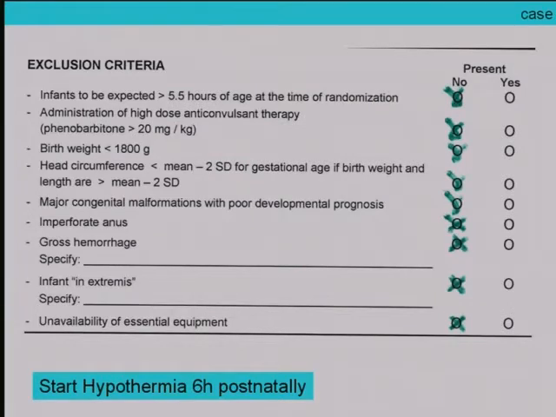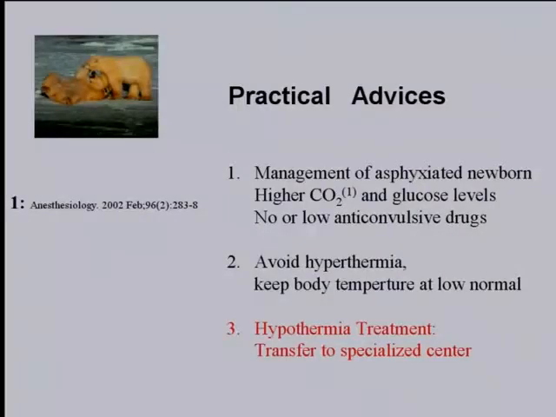Next. Now, some practical advices how you manage the baby immediately after delivery. First, you would keep the CO2 levels rather at the higher level. That means rather 50 up to 60, definitely not below 40.